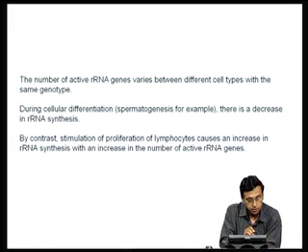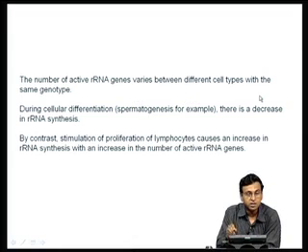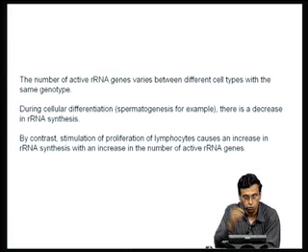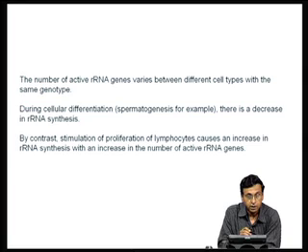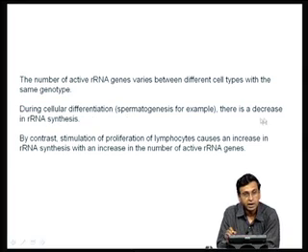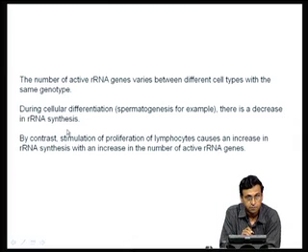transcription. The number of active rRNA genes varies between different cell types, even within the same organism. Even ribosomal DNA transcription in liver is different from that in muscle, brain and so on, because it depends on the metabolic status of the cell type. Similarly, during cellular differentiation, for example spermatogenesis, there is a dramatic decrease in ribosomal RNA synthesis.